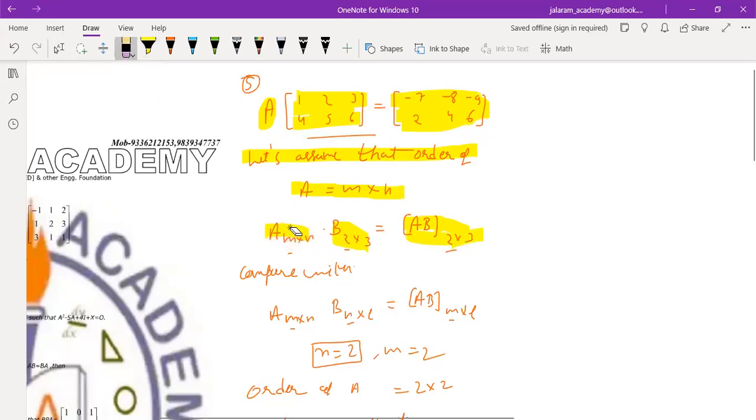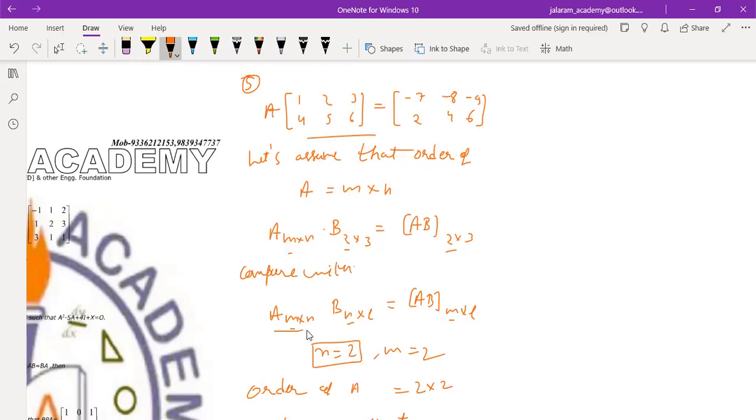So now, if we compare these matrices with the general rule that a matrix of order m cross n multiplied by a matrix of order n cross L produces a matrix of order m cross L, it is giving n equals 2.